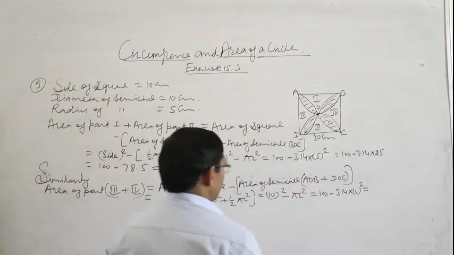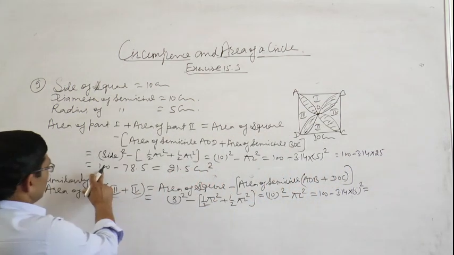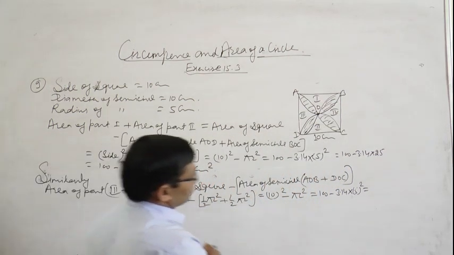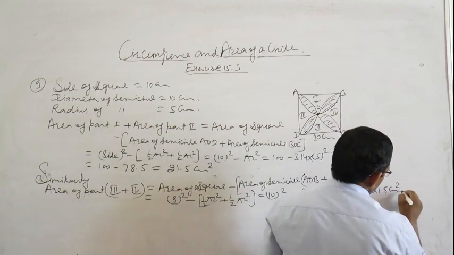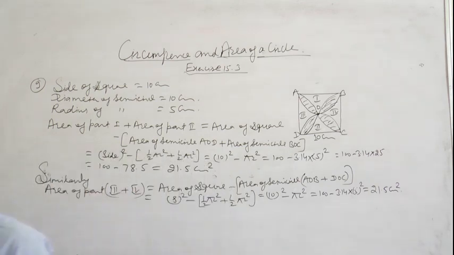So again we get 100 minus 78.5 is equal to 21.5 centimeter square.